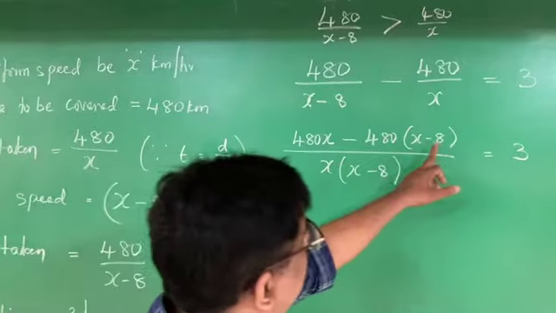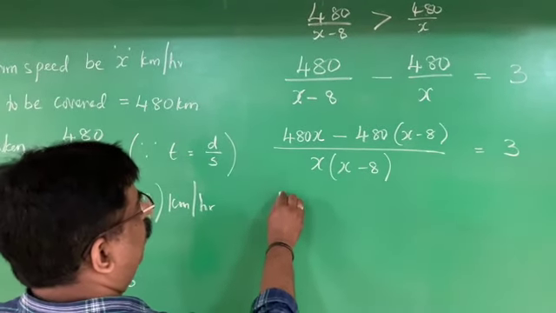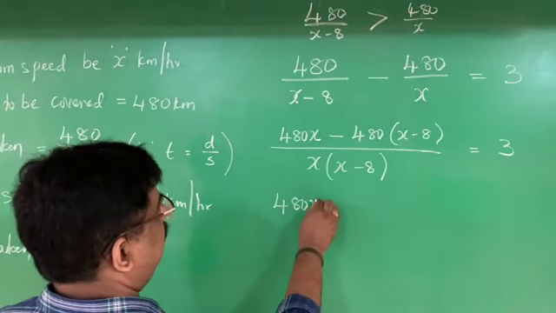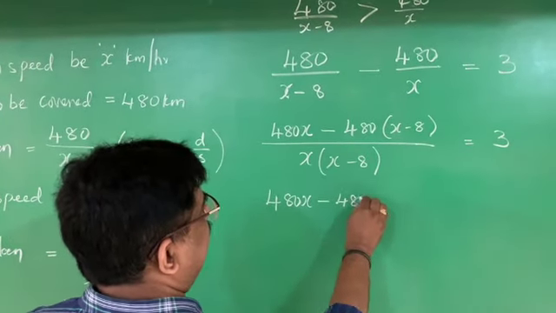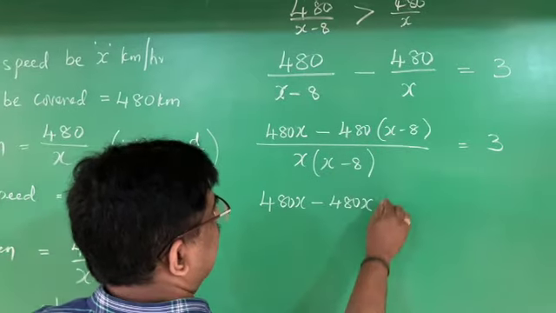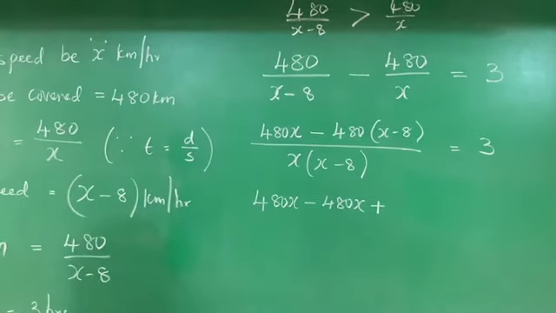Now I open the brackets. 480x minus 480 into x minus 480x, minus into minus is what? Plus.